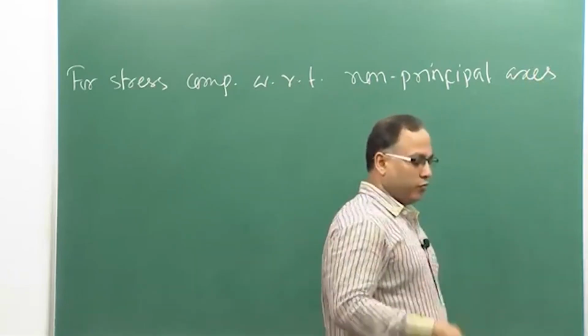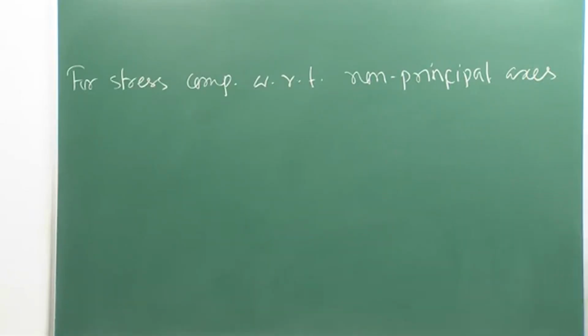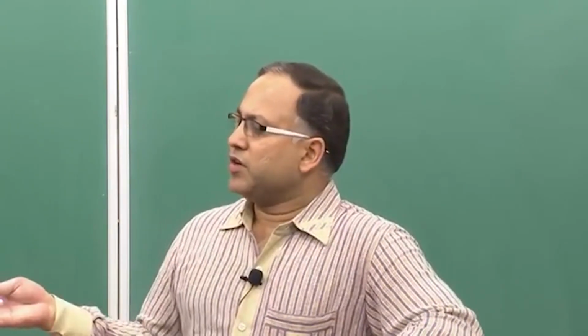Whatever we developed in the last lecture, that is von Mises yield criteria, was based on the principal axis, the 1, 2, 3 coordinate system. Now, but if your XYZ coordinate system is not coinciding with the 1, 2, 3 coordinate system, that is, the principal axes are different from your XYZ coordinate system.